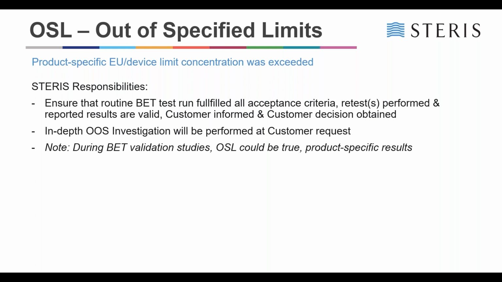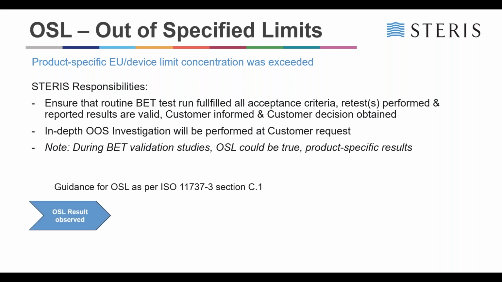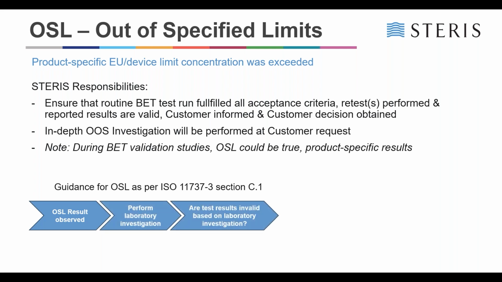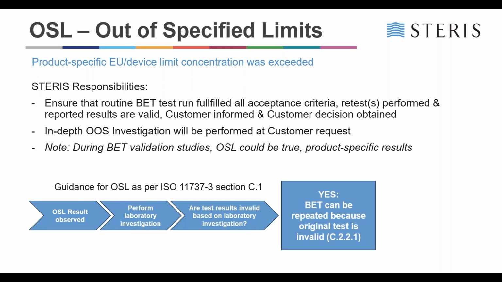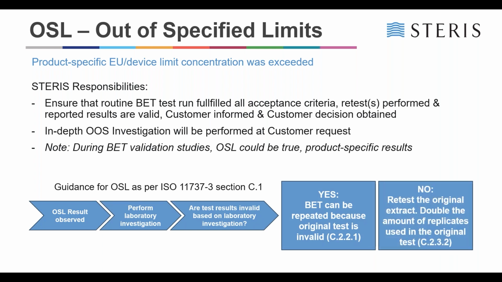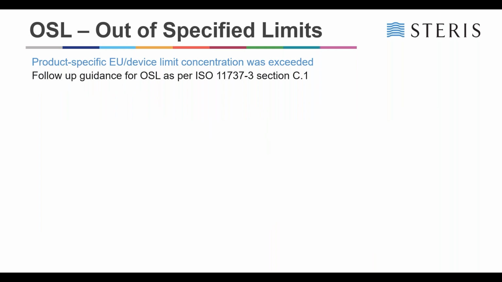And there's additional guidance that can be provided for out of specification limits outlined in the standards. As we can see here, there's a little bit of infographic that we provided here. Retesting can be done. We can look at the next steps here on out of specification limits.